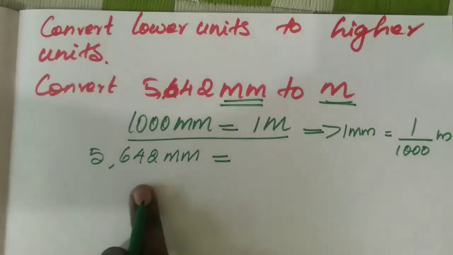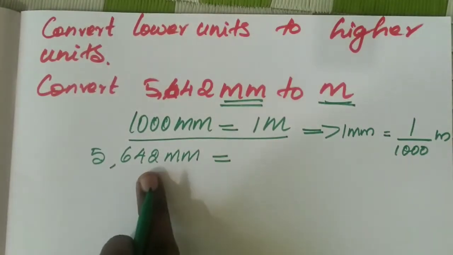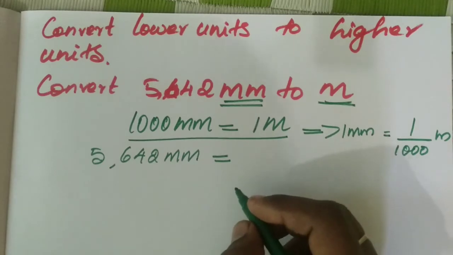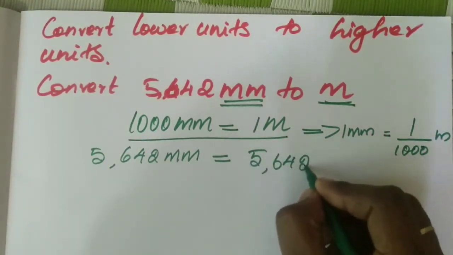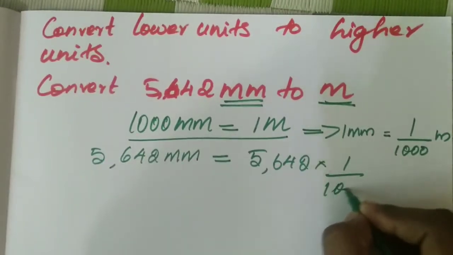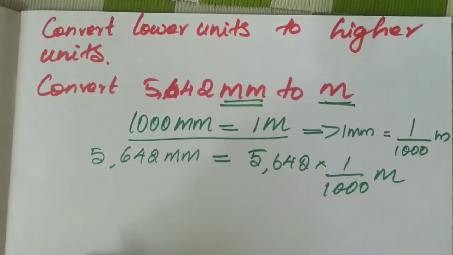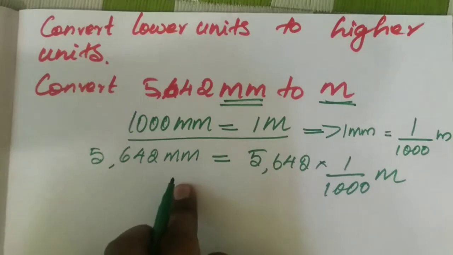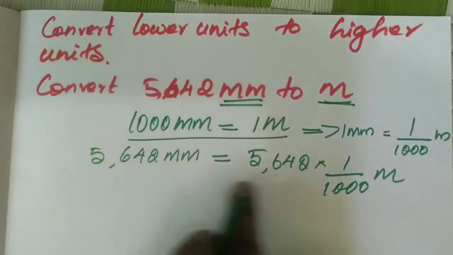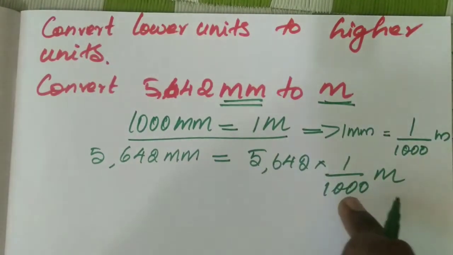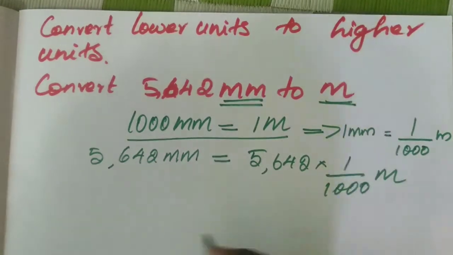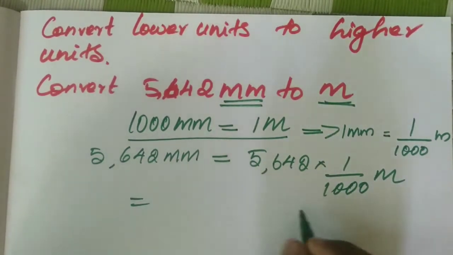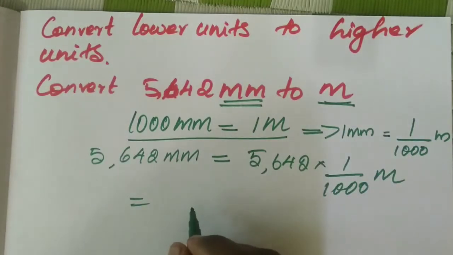Now 5642 millimeter is equal to 5642 into 1 by 1000 meter. Here we convert millimeter to meter. If you want to convert millimeter to meter, divide by 1000. We already learned division by 10, 100 and 1000.